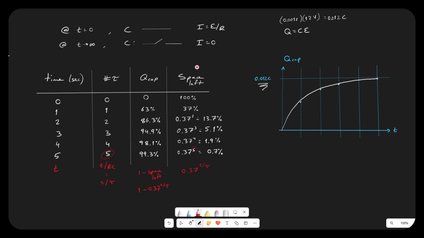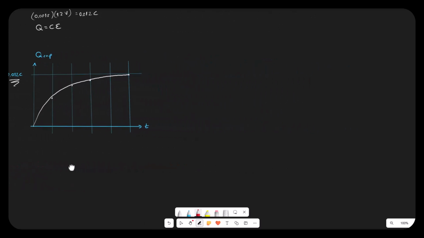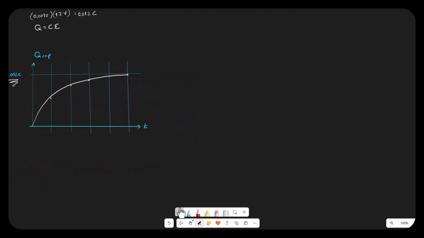What I can do also is let this thing discharge. When this discharges, what I'm saying is now I'm going to use my capacitor as a battery, effectively.